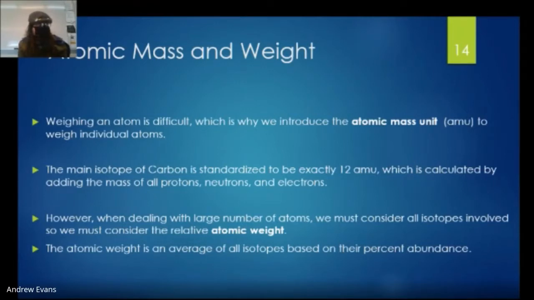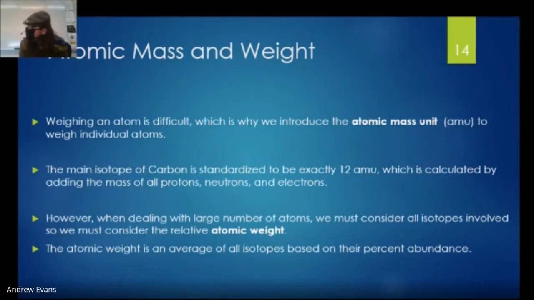But when you're dealing with millions and billions of atoms, 1 AMU more here is going to keep adding up, because you're going to get more and more of the isotopes as you have that many atoms, and the weight is going to drift considerably. So we have to consider what we call the relative atomic weight, the atomic weight, which is the number that is actually presented on the periodic table below an atom.